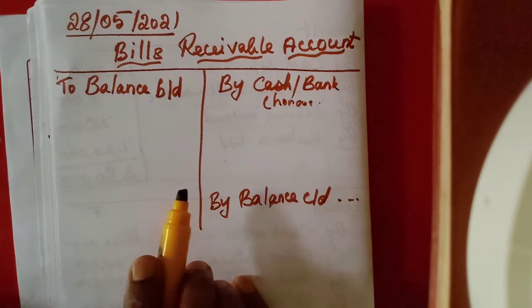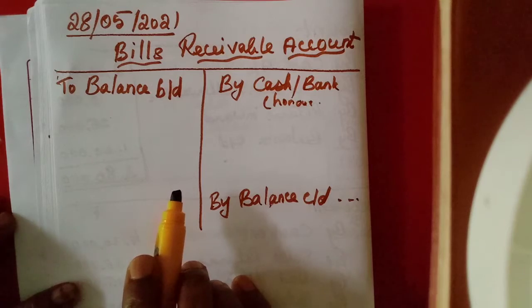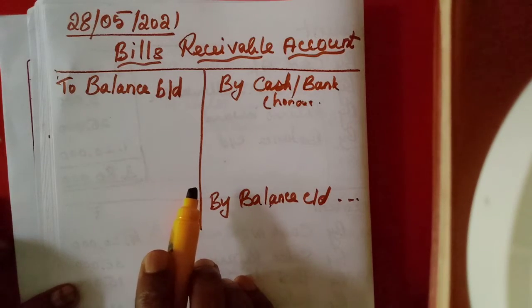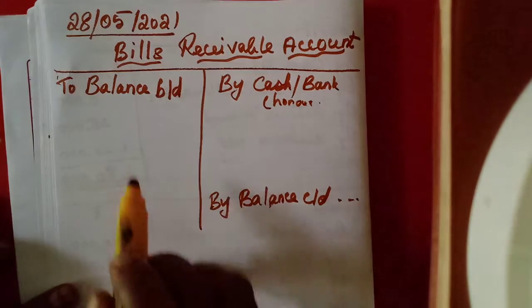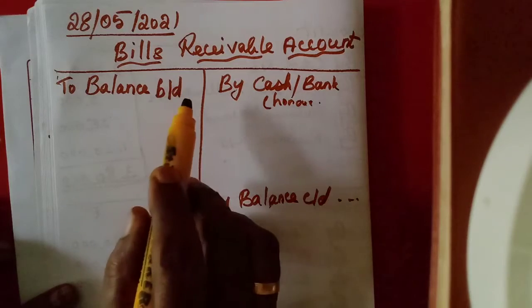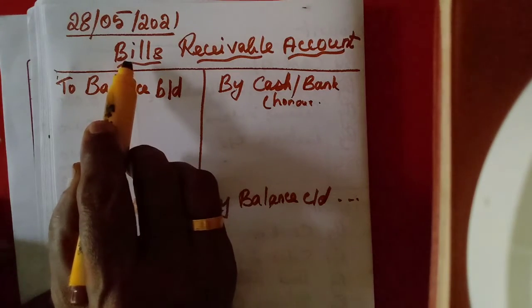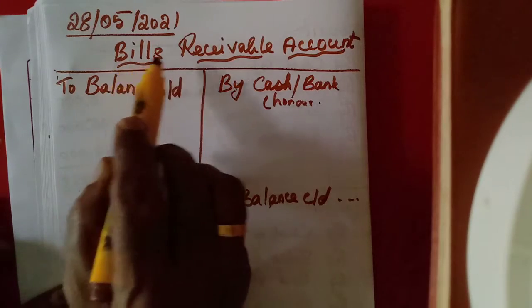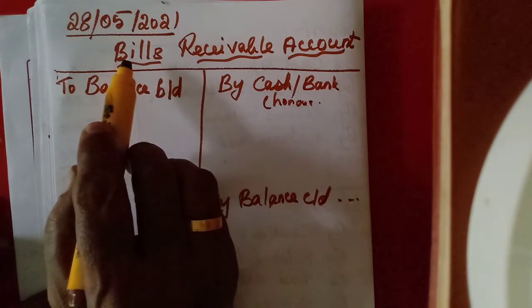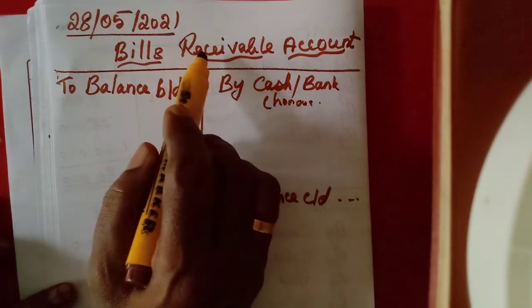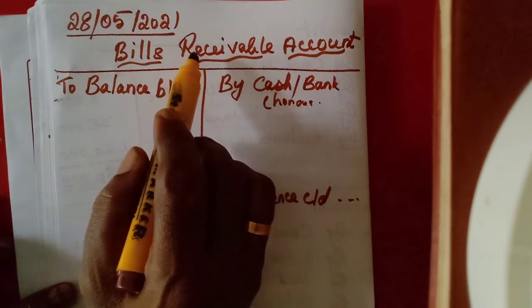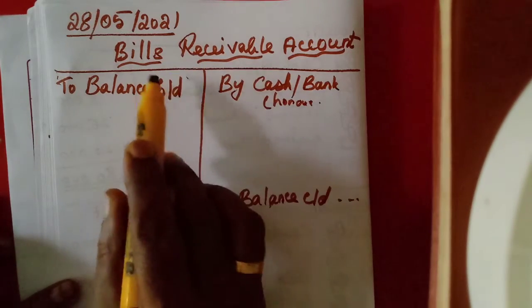Sometimes the bills receivable may dishonor. For that entry, we have to again debit the sundry debtors account to bills receivable account. When we receive bills, we credit their account and debit this account. So if it is dishonored, we should write the reverse entry.